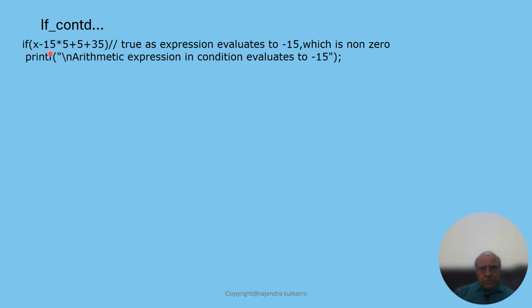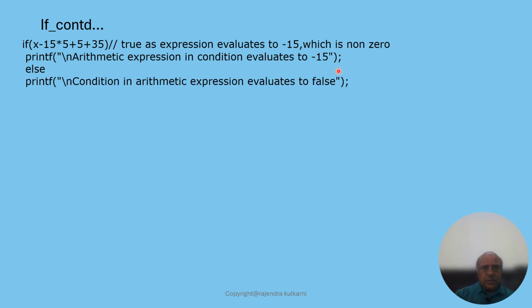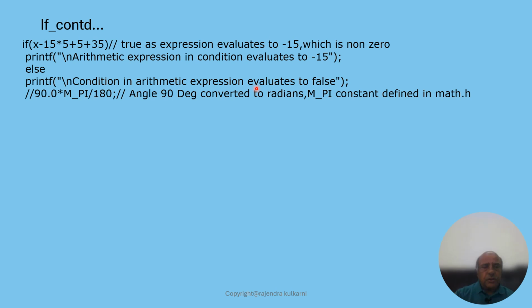This mathematical expression evaluates to minus 15, and since minus 15 is non-zero, this if turns out to have a true condition, and this printf "arithmetic expression in condition evaluates to minus 15" will be executed. Else condition "in arithmetic evaluates to false" will not be executed.